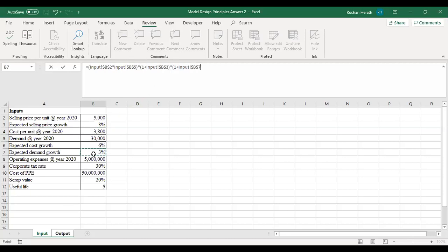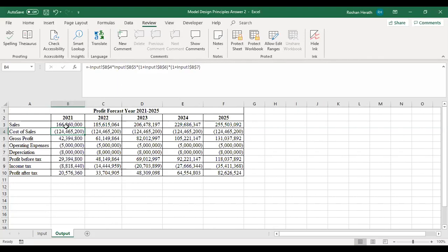See, everything is done while I'm in the input. And most importantly, before you move on to the output, you have to press enter. That is the crucial thing, right? Once you enter that, this figure is taken, the relationship was there, so the rest of the figures were filled.